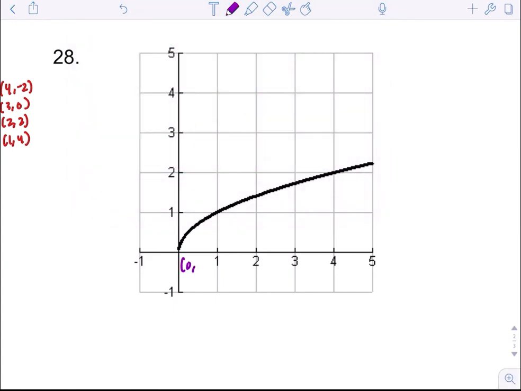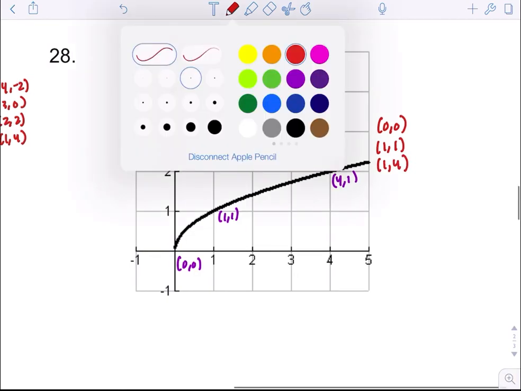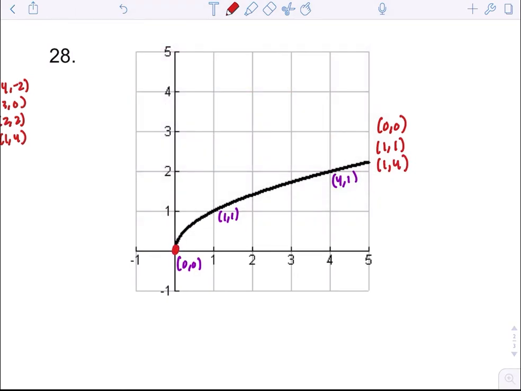Last one, 28. We got 0 comma 0, 1 comma 1, and 4 comma 1. Find the inverse. So we got 0 comma 0, 1 comma 1, and 1 comma 4. So when we graph it, 0 comma 0, 1 comma 1, and 1 comma 4. So it looks like this.